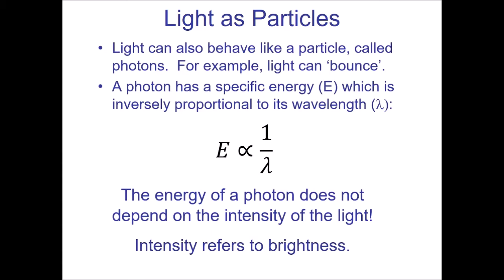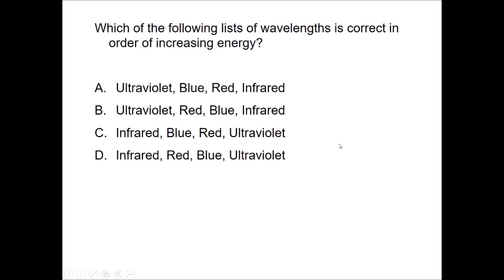If you include more and more photons, then the intensity increases, but the energy would stay the same. Blue is still more energetic than red. This is going to be a really important detail at the very end of this lecture. There's a question I have for you at the end that requires you to remember this fact. So, remember this fact.